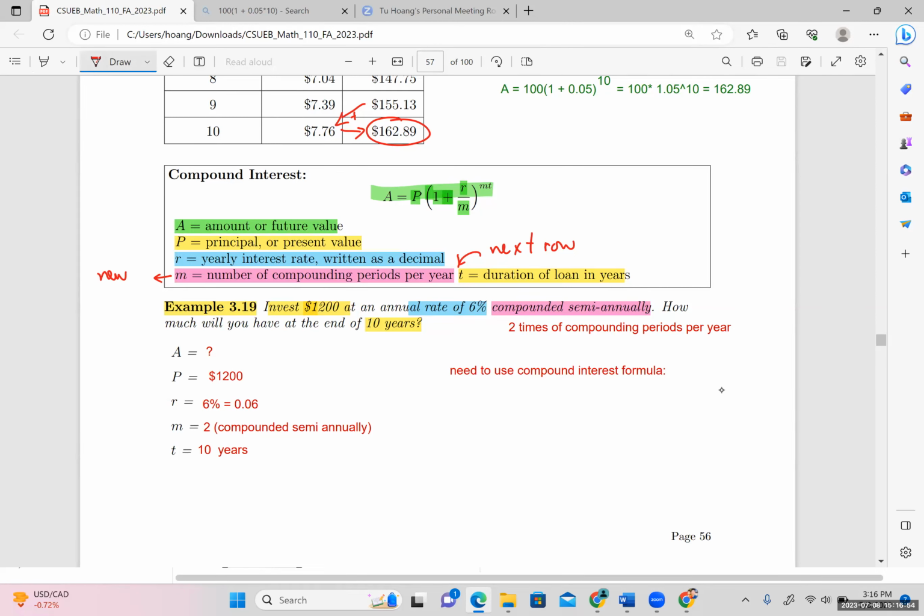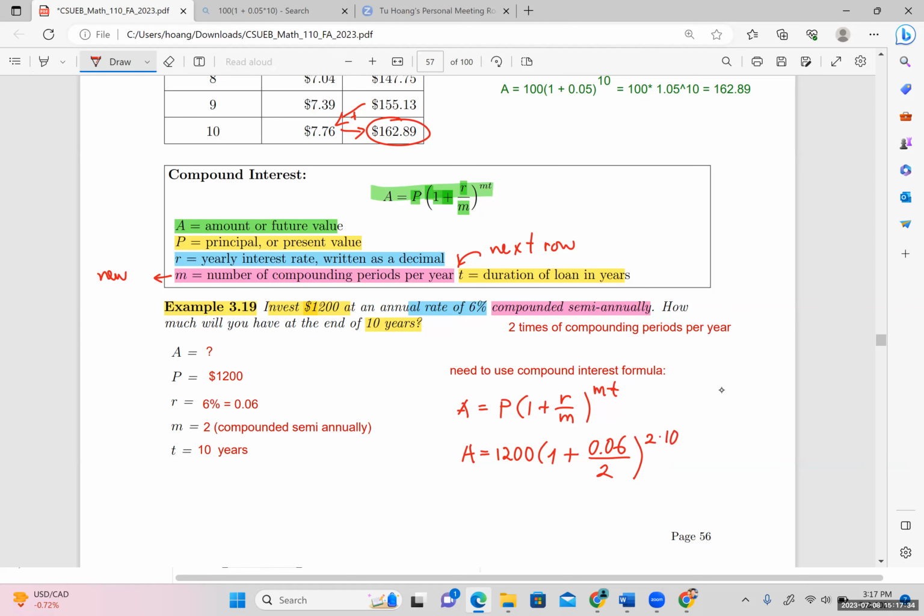We have A equal to P times (1 plus R over M) raised to the power MT. Let's substitute, okay? So A is equal to 1,200 times (1 plus 0.06 divided by 2) raised to the power 2 times 10, right?